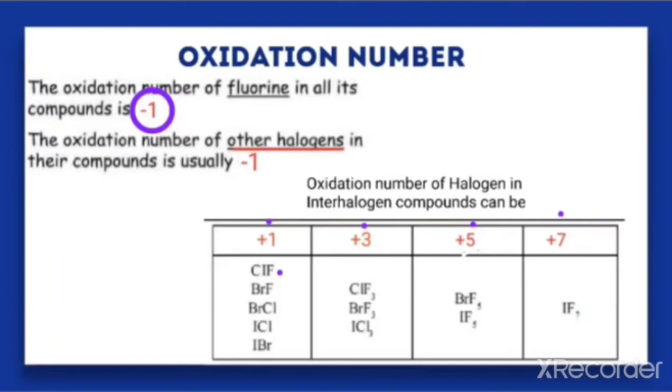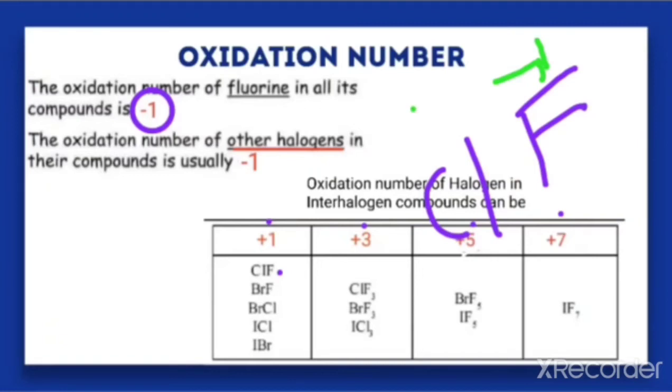So, in the case of ClF, here what is the oxidation number for the fluorine? That we have already discussed, because fluorine always exhibits -1 oxidation state. So what will be the oxidation state for the chlorine? If fluorine has -1 oxidation state, it must be +1 for the Cl.